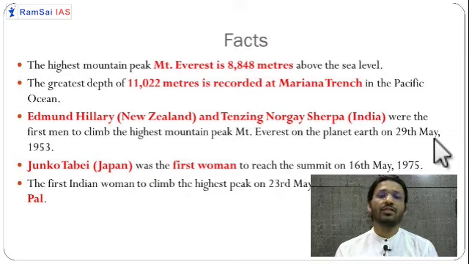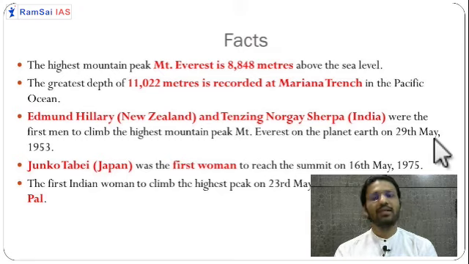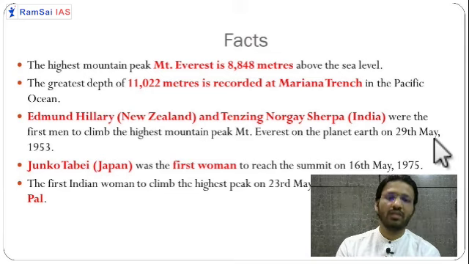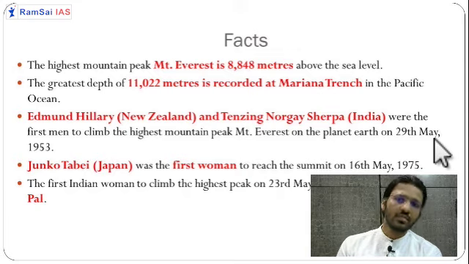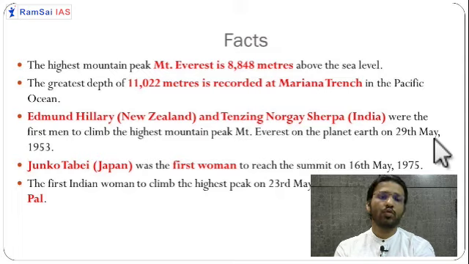Who was the first person who climbed Mount Everest? It was Edmund Hillary, and Tenzing Norgay, an Indian Sherpa. They climbed Mount Everest first, in the 1950s. In the case of women, Junko Tabei of Japan was the first woman who climbed Mount Everest, in the 1970s.